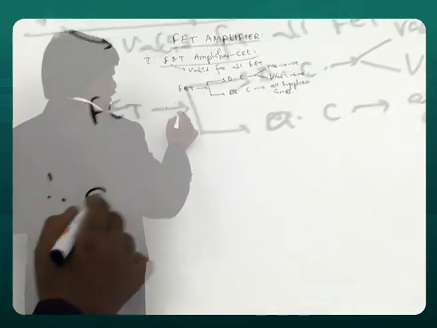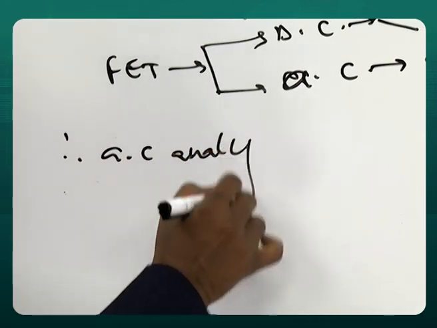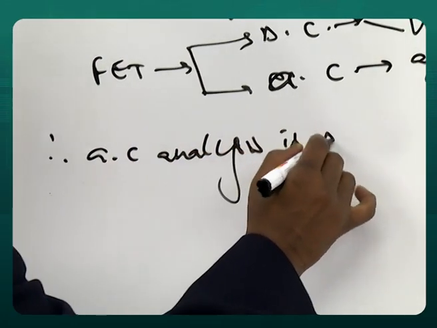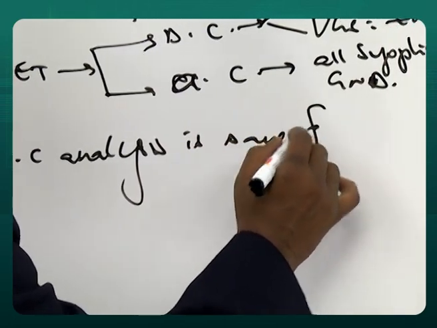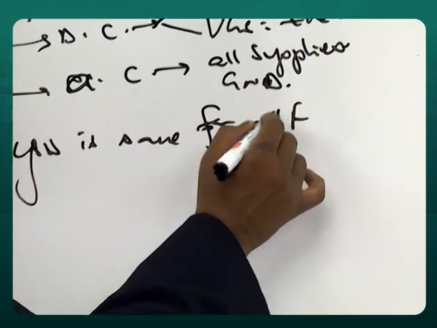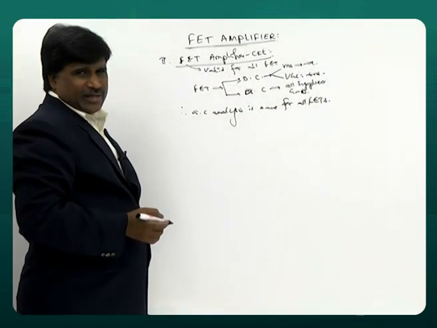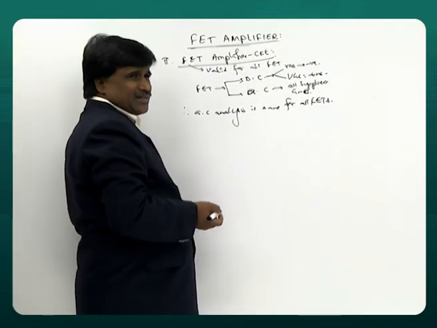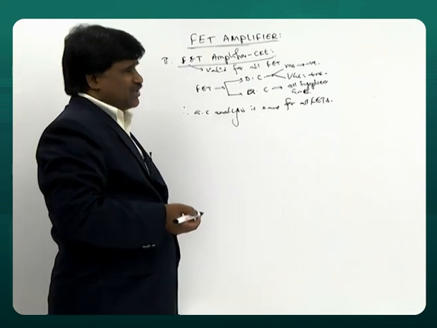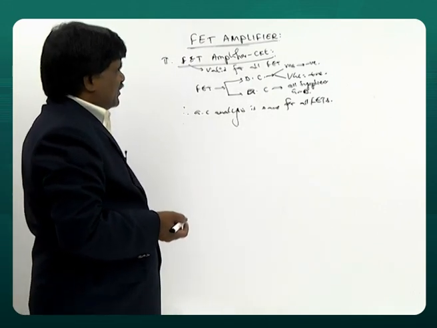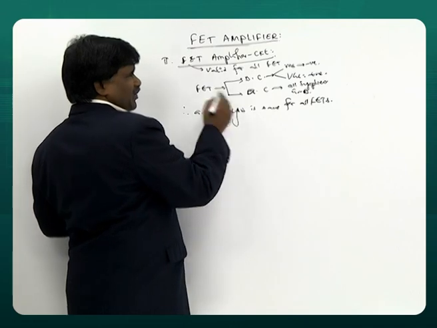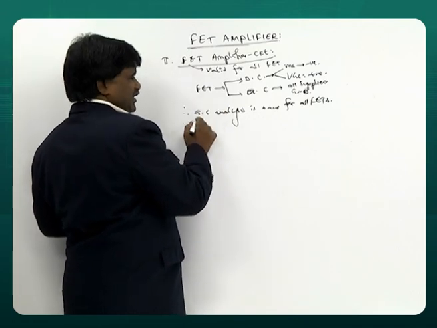Therefore, AC analysis is the same for all FETs. So one of the good news is you don't need to study separately. Whether it is a JFET or MOSFET or all types of FETs, AC analysis is the same.